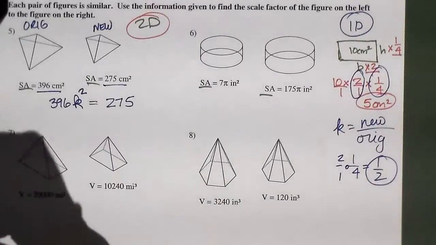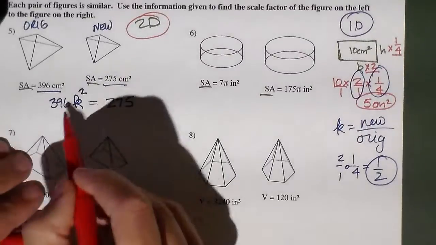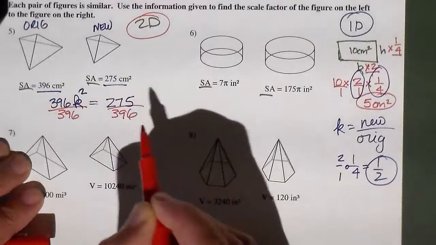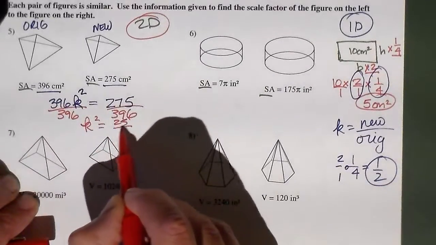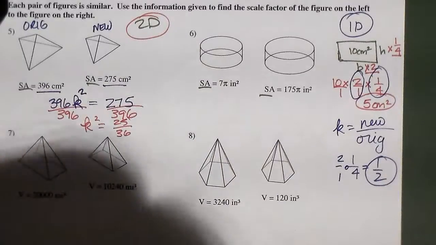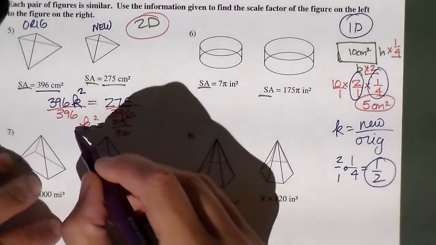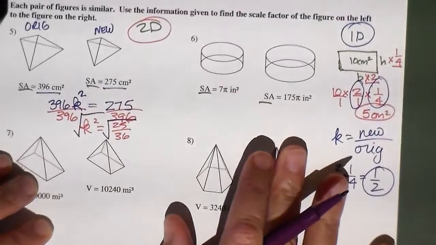So what I'm going to do is I'm going to do 275, and I'm going to divide both sides by 396. And so I'm going to end up with k squared equals 25 over 36 when I reduce this. And if you remember Pythagorean theorem, or anytime you have a squared value, I don't want k squared, I want k, so I'm going to square root both sides.